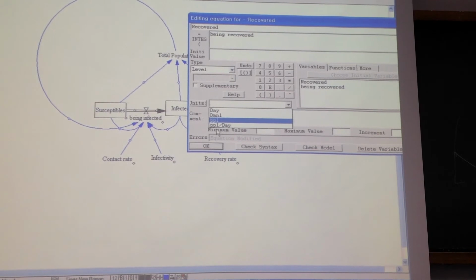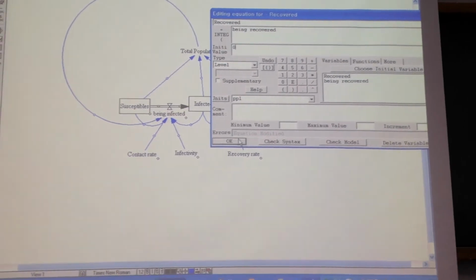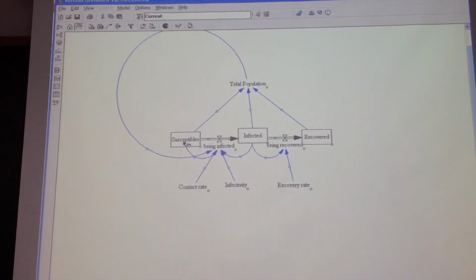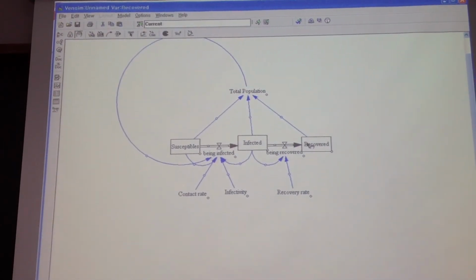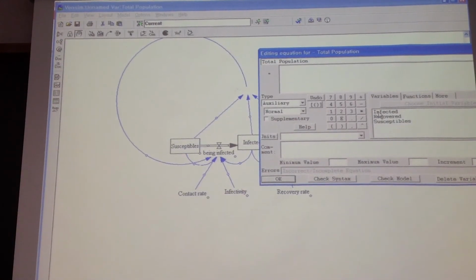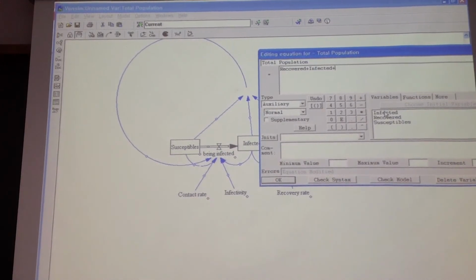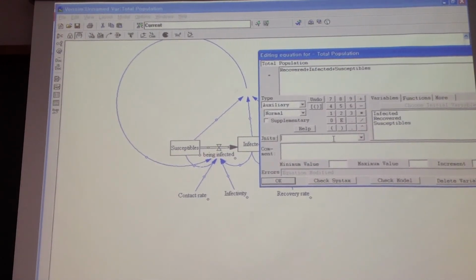And the unit is people. Initial value is 0. So I specify this. Total population, I also need to specify that. Total population is simply the sum of S, I, and R. And unit is people.